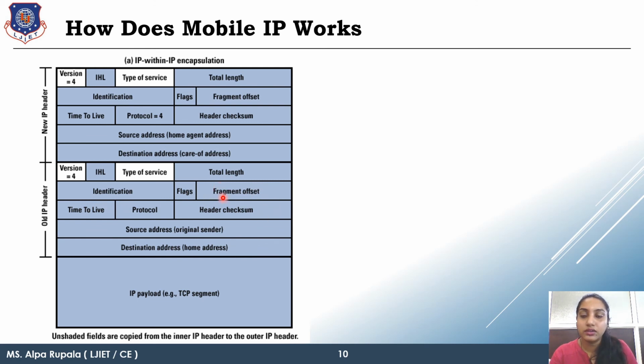Fragment offset: if the payload is large, then we need to cut the payload, or divide the actual data into parts, and each part can be considered a fragment. This fragment offset will identify whether it is a fragmented packet or an unfragmented packet.